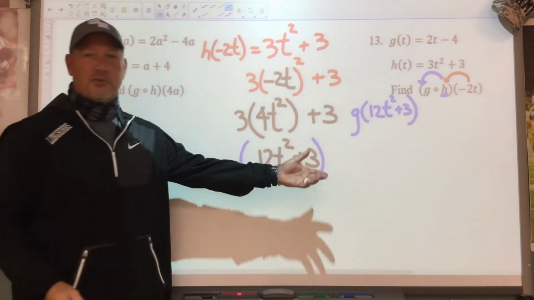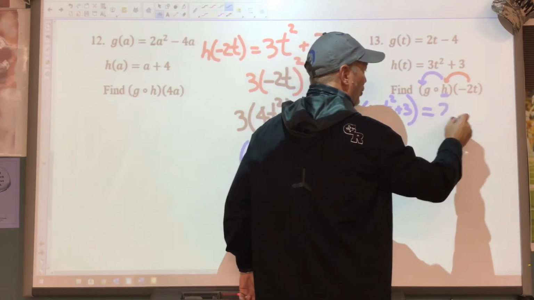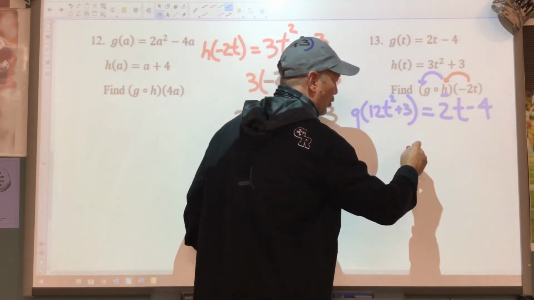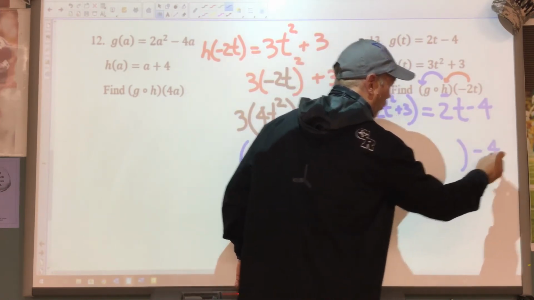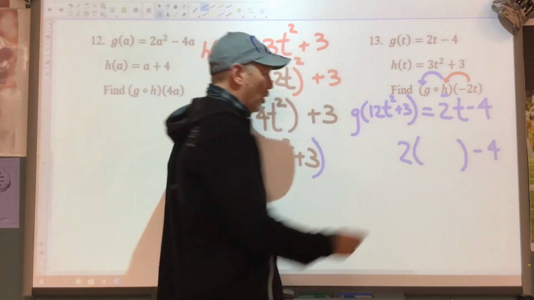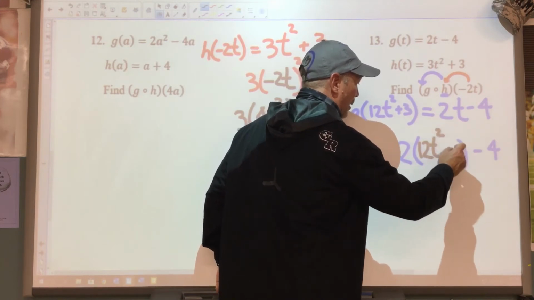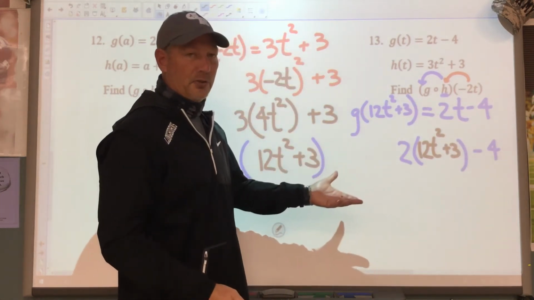Because that's what we're going to substitute in, equals 2t minus 4. This means 2 times somebody minus 4. Who are we going to substitute in? 12t squared plus 3. We're going to distribute. We have to distribute here.